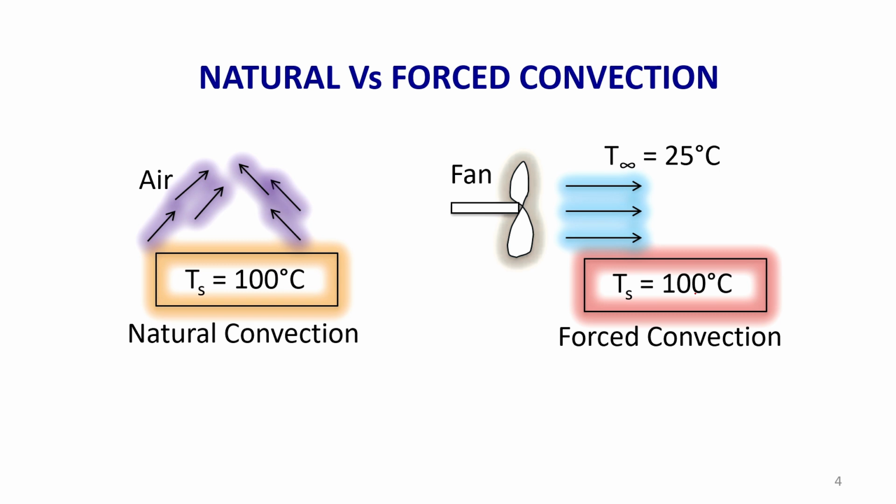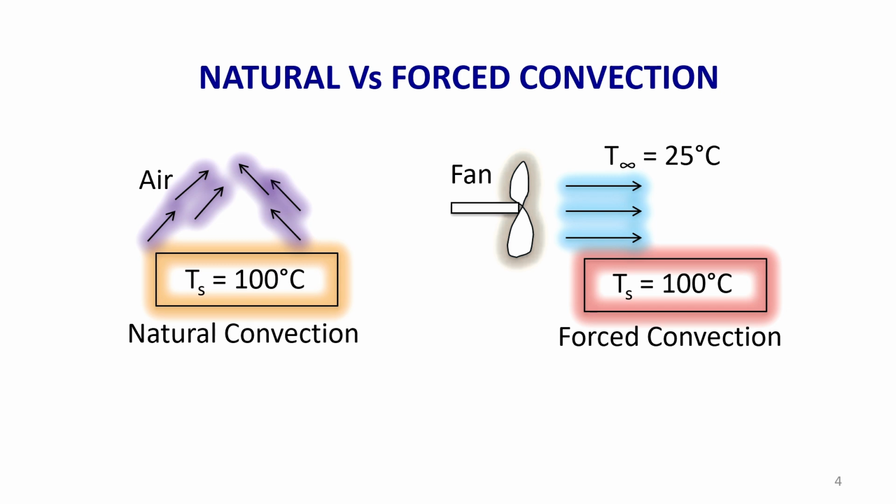There are two surfaces at the same 100 degrees centigrade. On the left side, the schematic represents the natural mode of convection. You can see the air is rising. Let us assume that the ambient is at 25 degrees. Here there is a heated surface whose temperature Ts is greater than Ta.